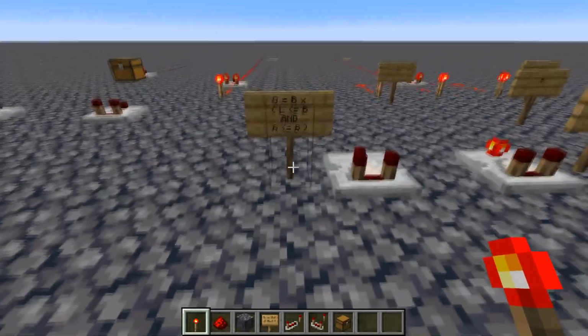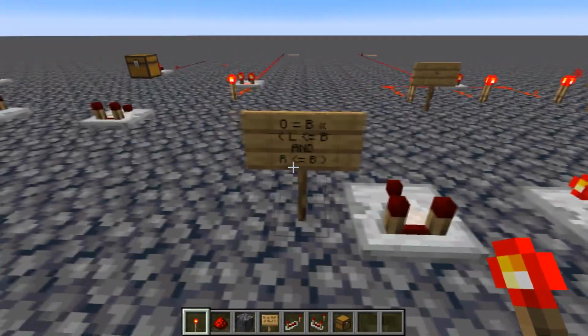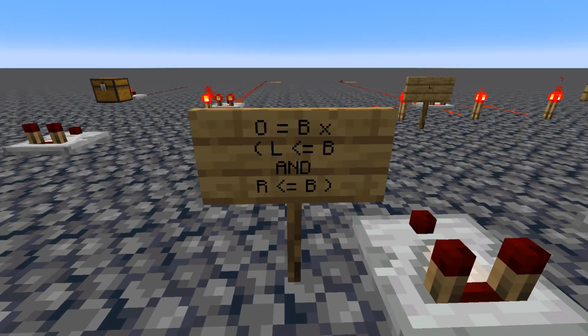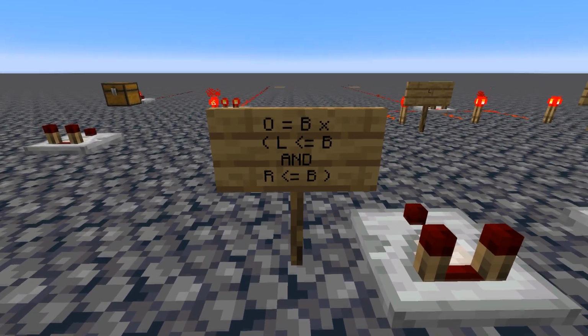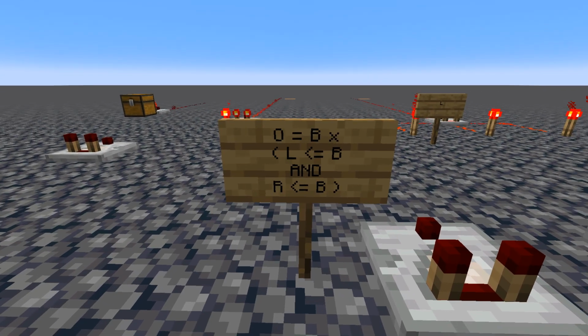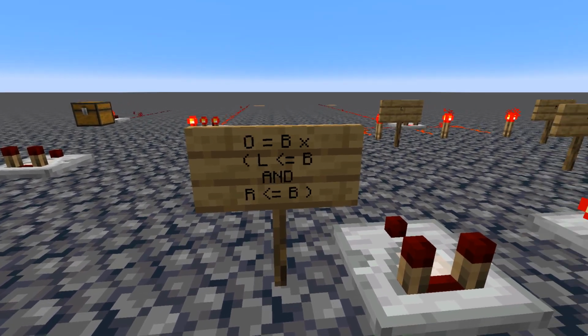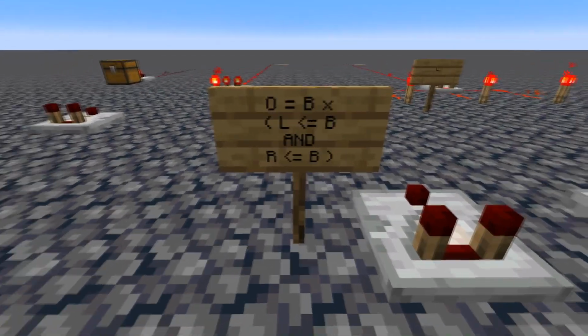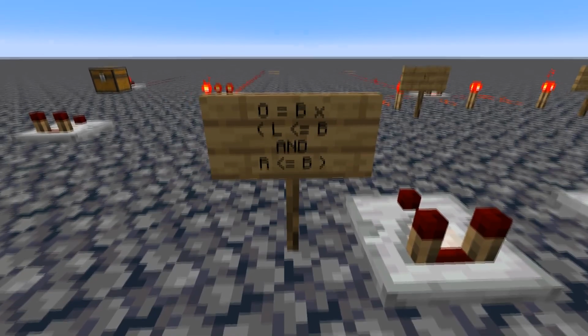When a comparator is in comparison mode, this is the formula that it uses. The output of the comparator equals the following: it takes the back signal strength, and multiplies it by an AND logical comparison.